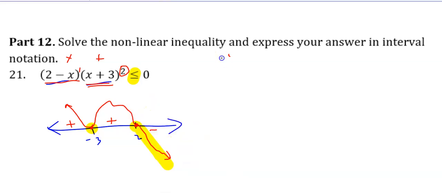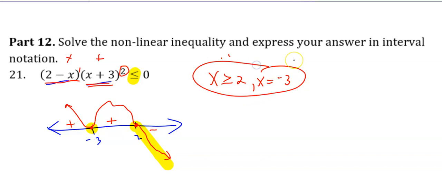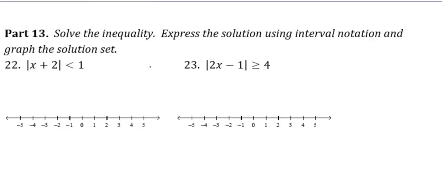So your final answer would be something like x is greater than or equal to 2, comma, x is also equal to negative 3. Something like that would work. You're basically saying it's the interval off to the right, and also the one point that is on the line, because it can be equal. There's a little equal sign right there, and that means it can be equal to that value.